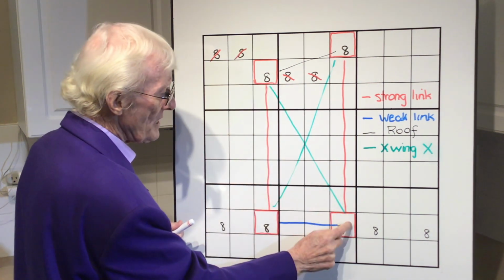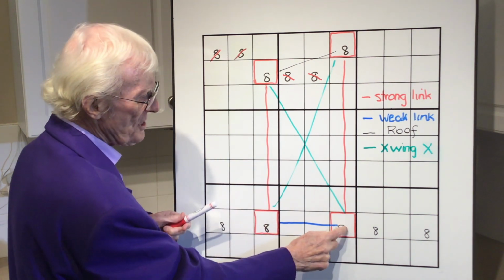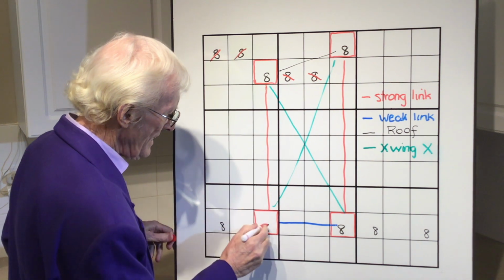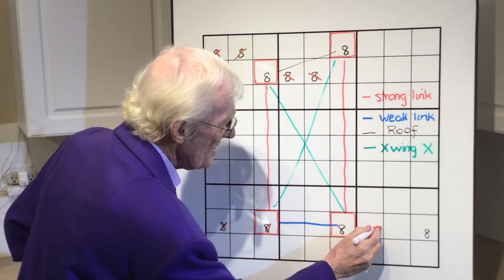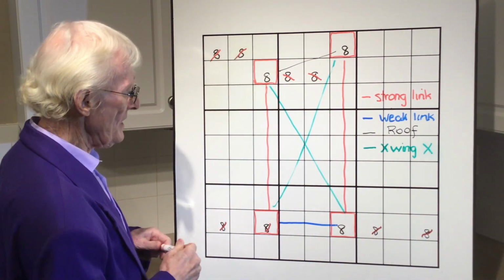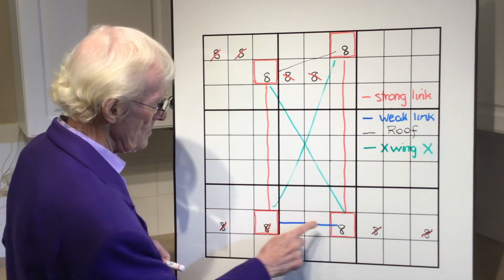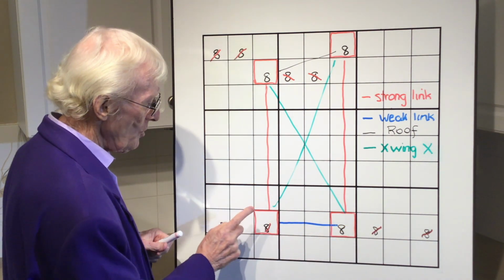And if this becomes a real 8, that can't be a real 8. So let's assume that this becomes a real 8. That means that that 8 can go, this 8 can go, this 8 can go, and that 8 can go. Well, so how many have we got rid of now? 1, 2, 3, 4.